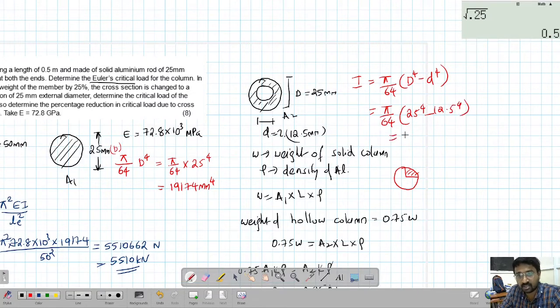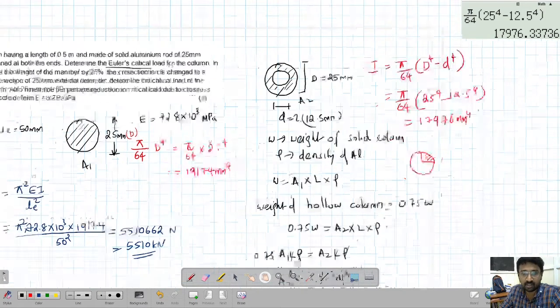We'll just calculate this value quickly. So this is pi by 64 times 25 raised to 4 minus 12.5 raised to 4. This is 17976 mm raised to power 4.